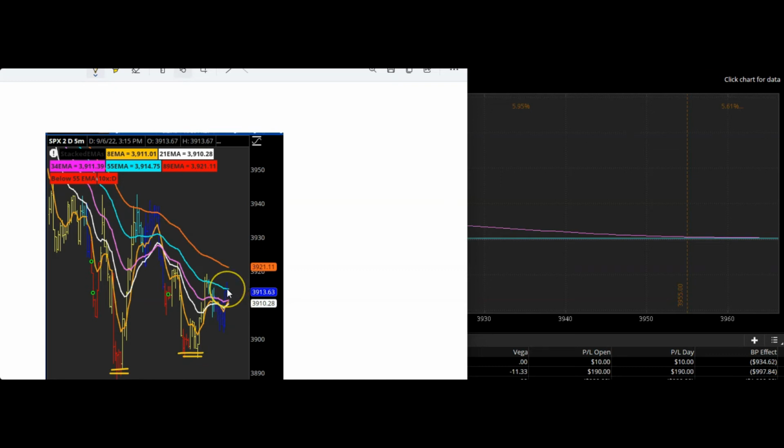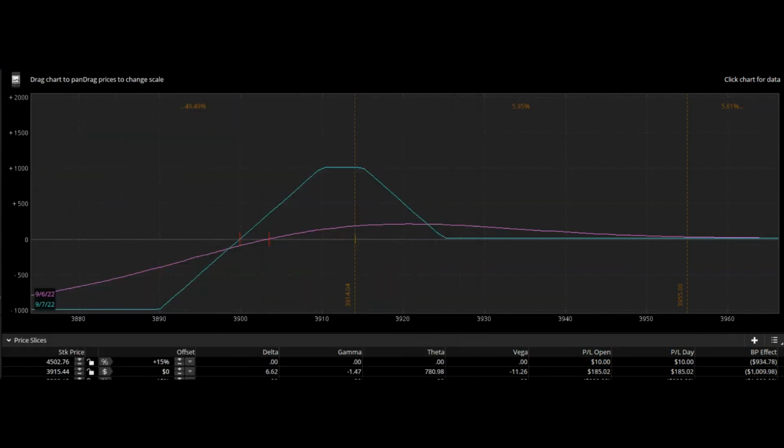We're currently testing the declining 55 EMA. Next level of potential resistance is at 39.21.